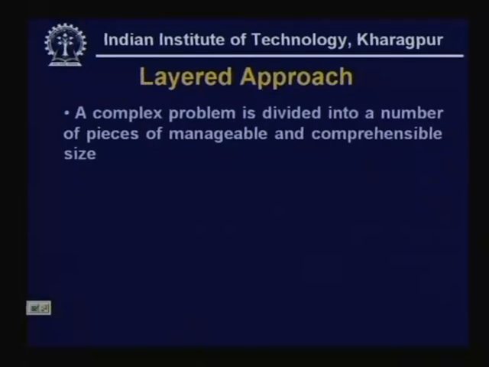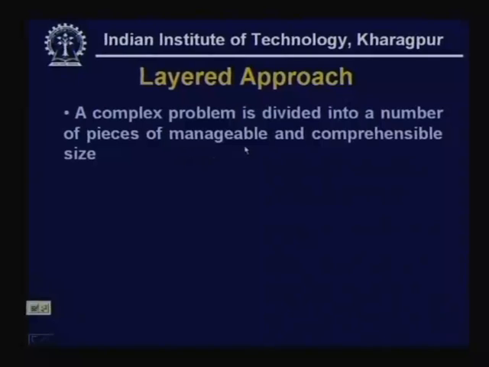First point is, as I said, a complex problem is divided into a number of pieces of manageable and comprehensible size. Normally, the data communication system is very complex. What we want is to divide it into pieces of manageable and comprehensible size, such that each subtask or each piece can be managed, can be understood easily.